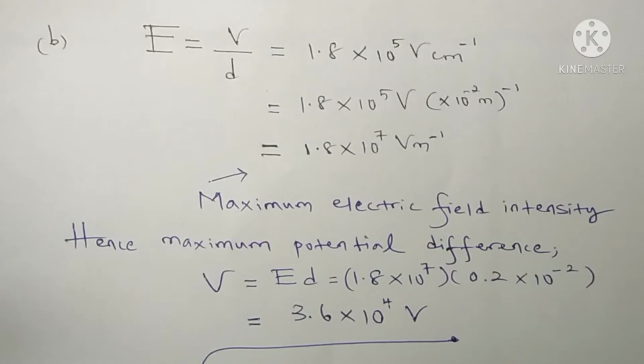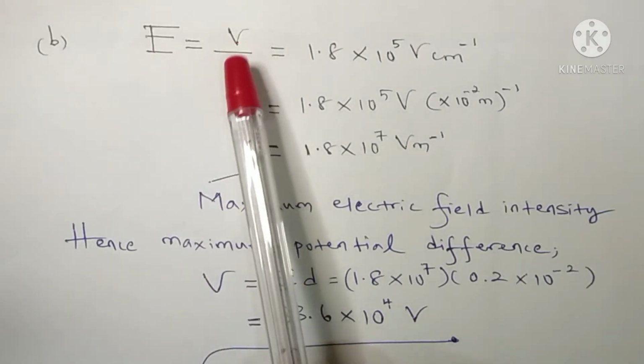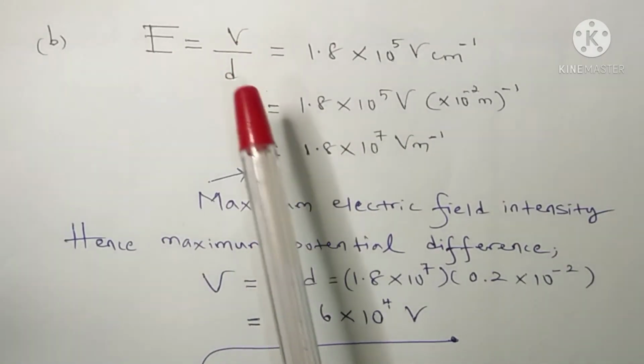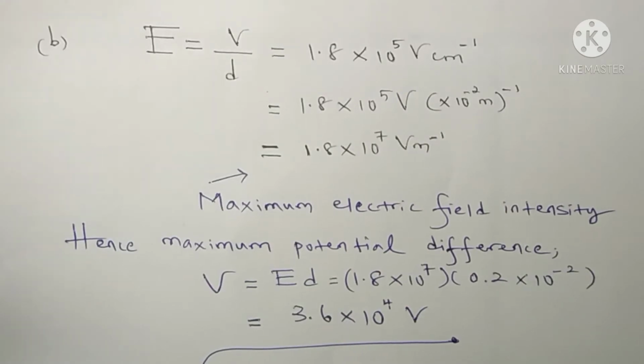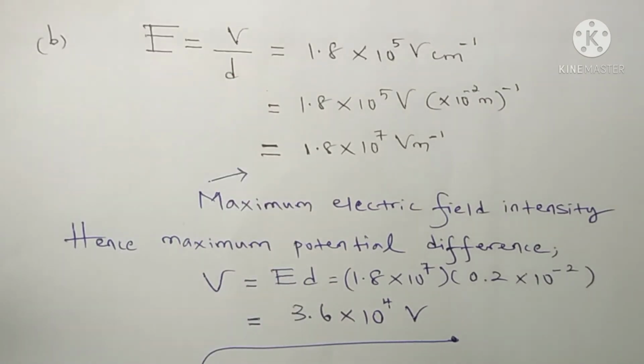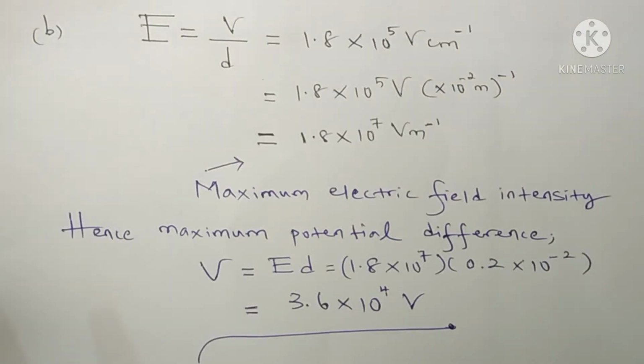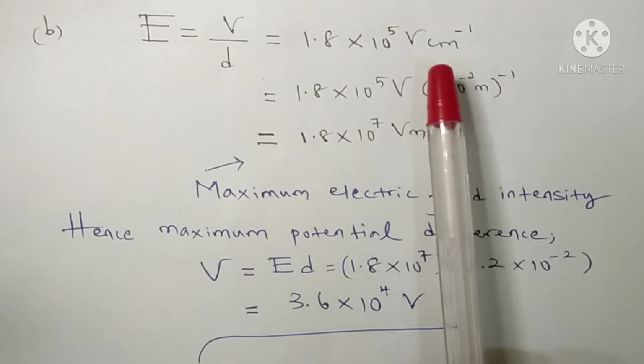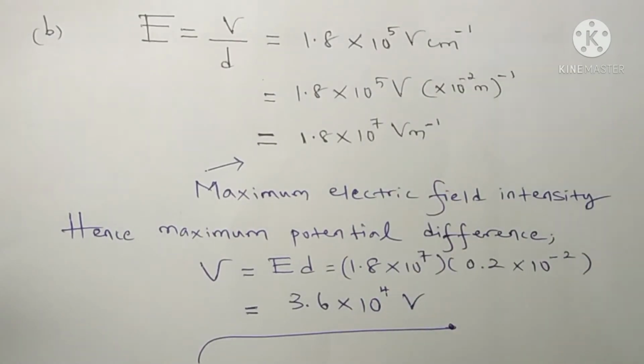For electric field intensity E, which is equal to V over D, V is the maximum potential difference that can be applied across the capacitor. D is the distance separated between the plates, 0.20 cm. We're going to substitute all the possible values into this equation by converting volt per cm to volt per meter, which is equal to 3.6 times 10 to the power of 4 volt.